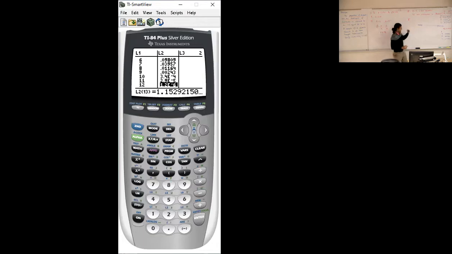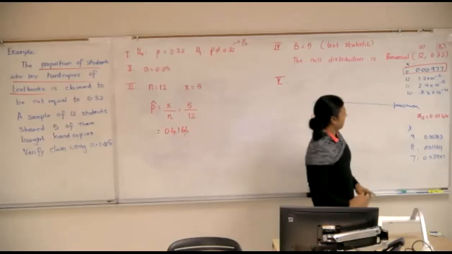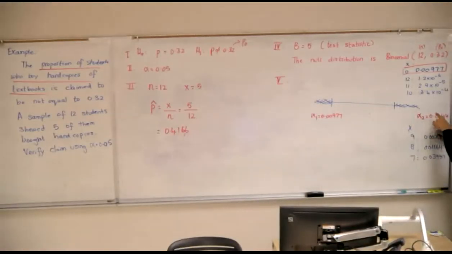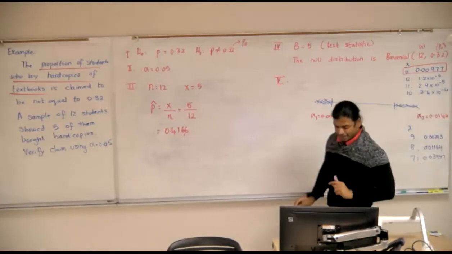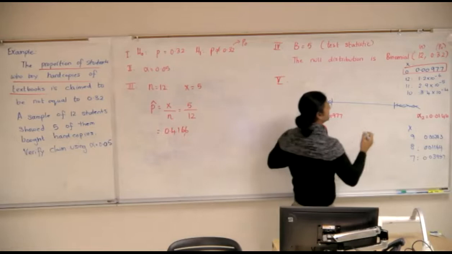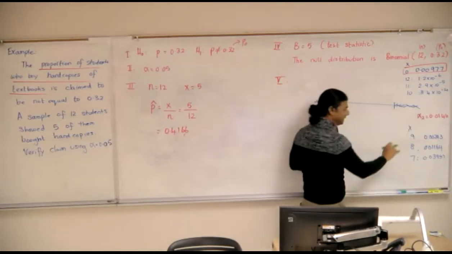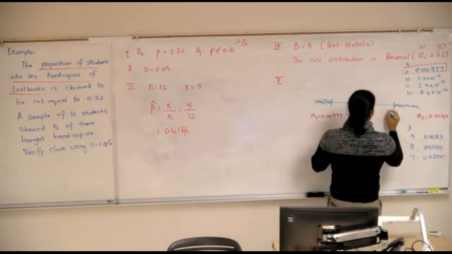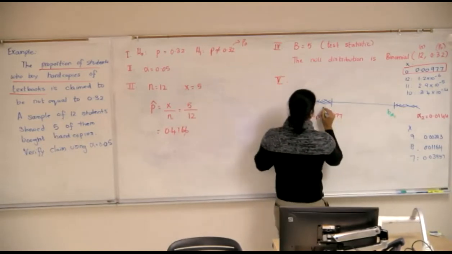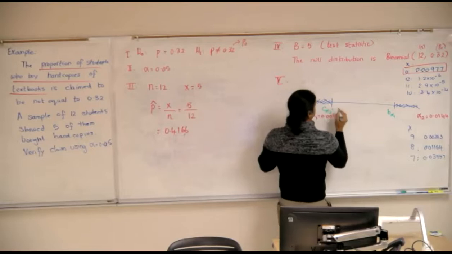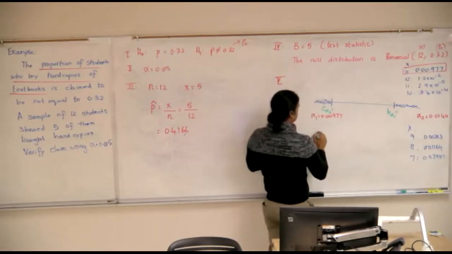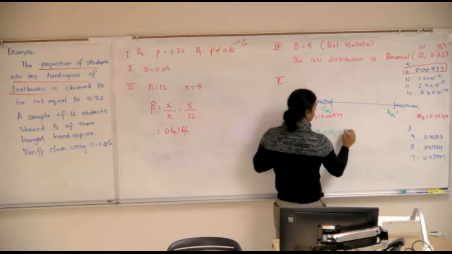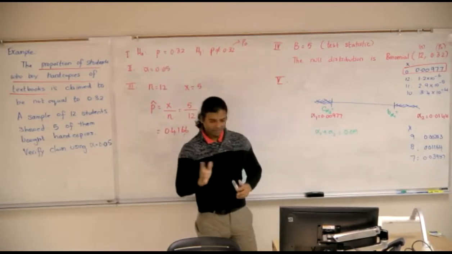That gives me an alpha 2, which is 0.0144. The left-hand side bit, call it 0.00977. So the right-hand side, 0.0144, left-hand side, 0.00977. Theoretically, the alpha that we set, left-hand side be alpha 1, right-hand side, alpha 2. We want alpha 1 plus alpha 2 to be equal to 0.05, the given alpha.